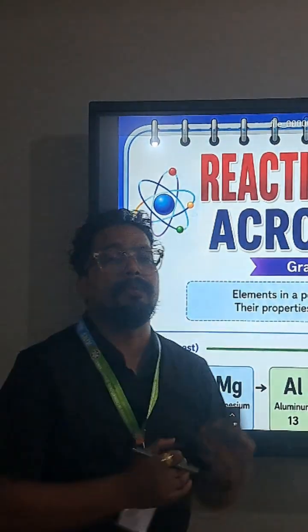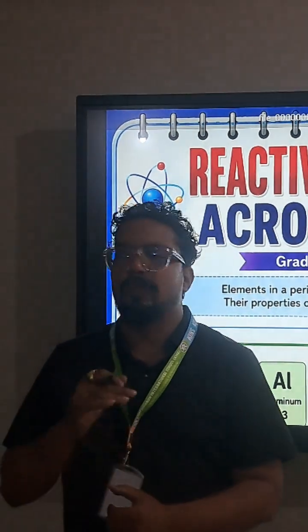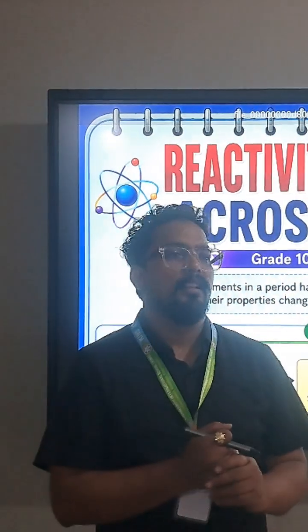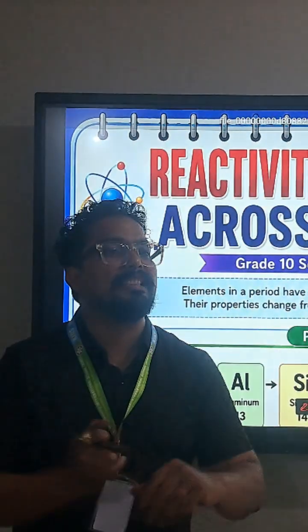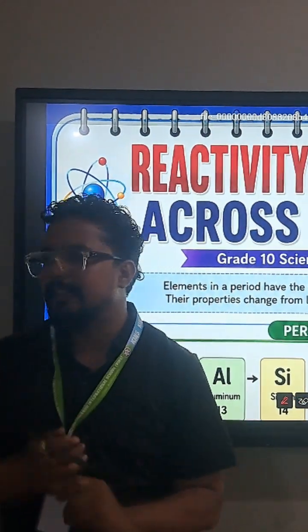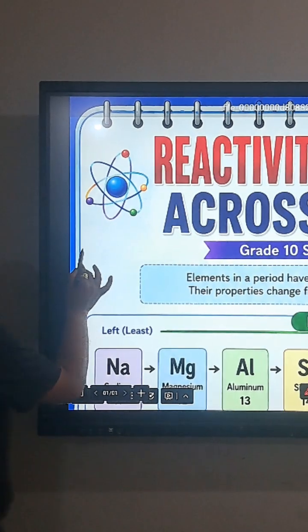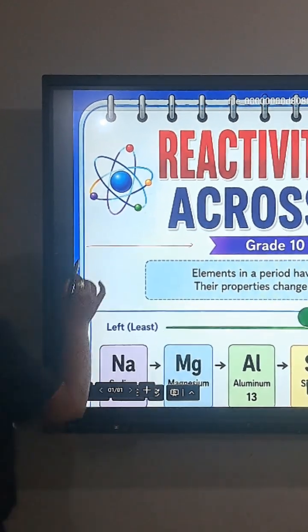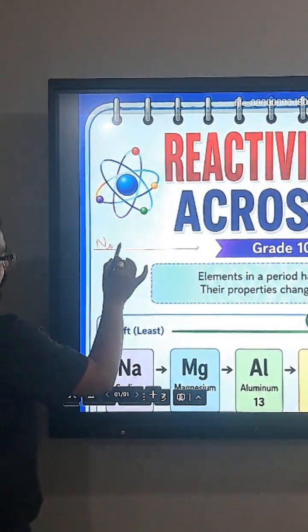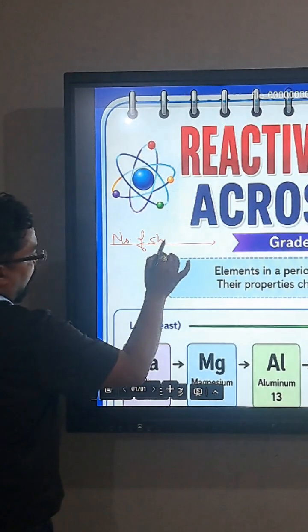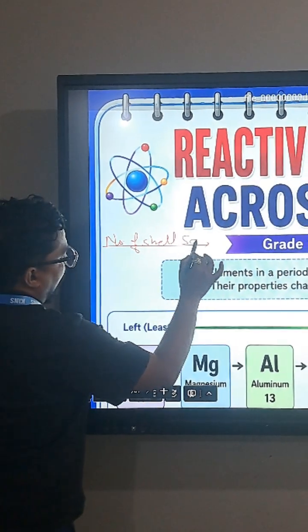When we move from left to right, what should be in your mind is that the atomic size always decreases. Why does it decrease? When we are approaching from here to here, the number of shells remains the same.